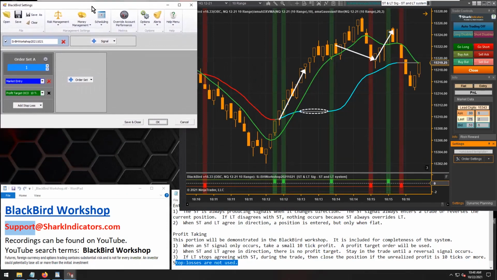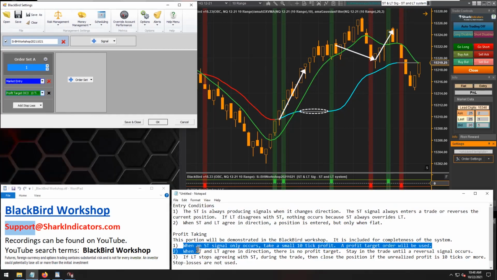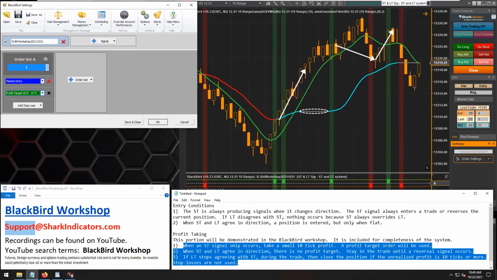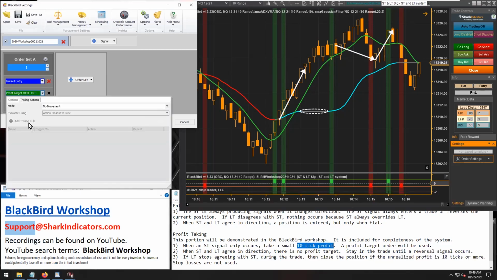And so now we're really getting to the interesting part of this, and that is setting up the profit target with all of these different profit-taking conditions. Number one is pretty simple: just place a 10-tick profit target, which we already have.